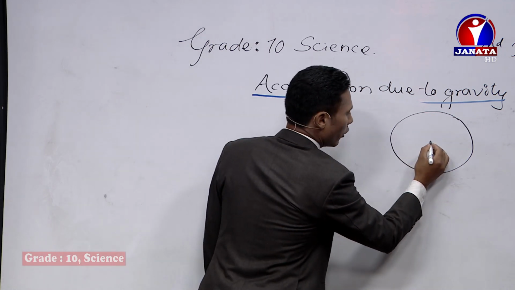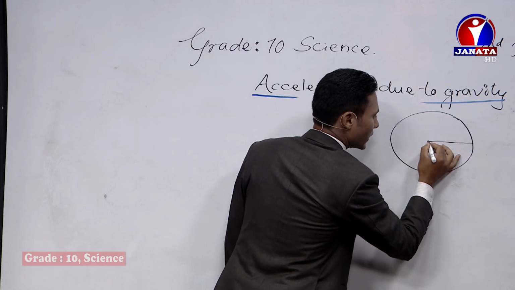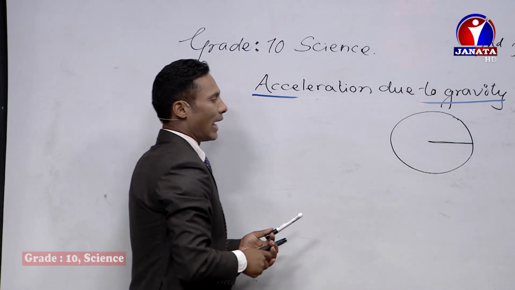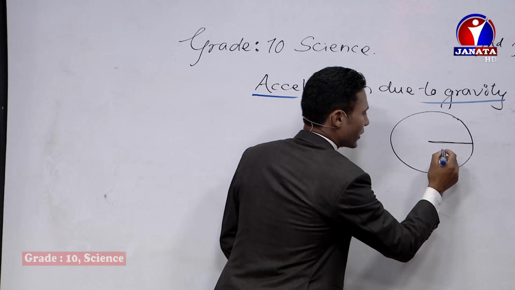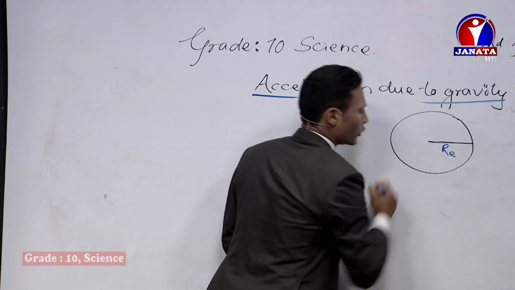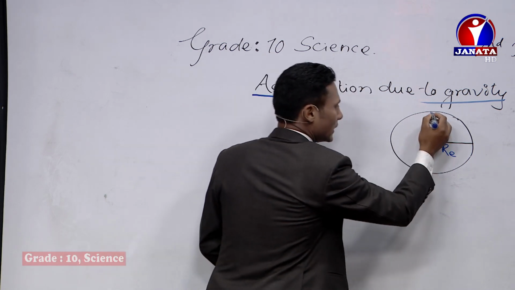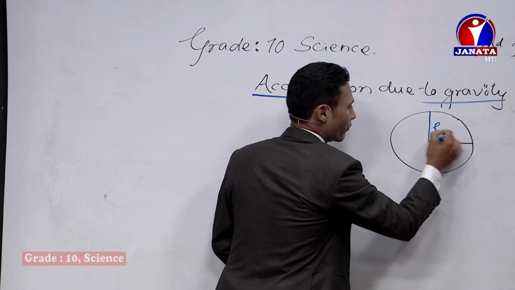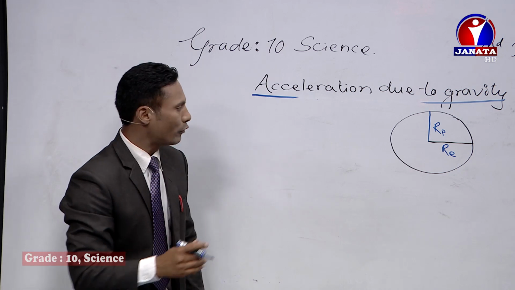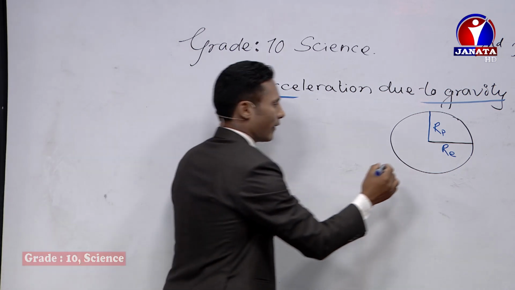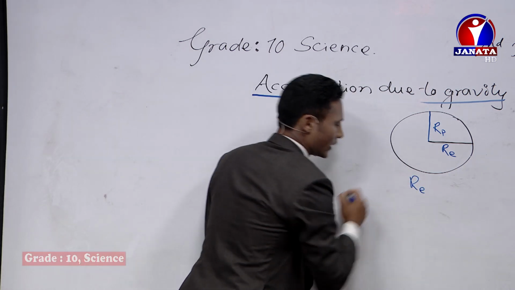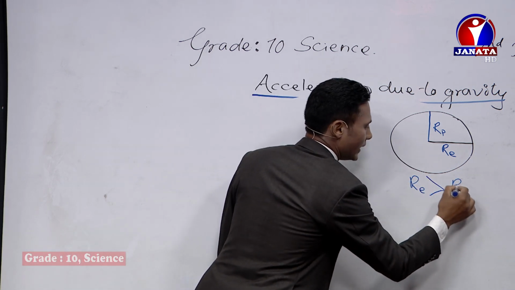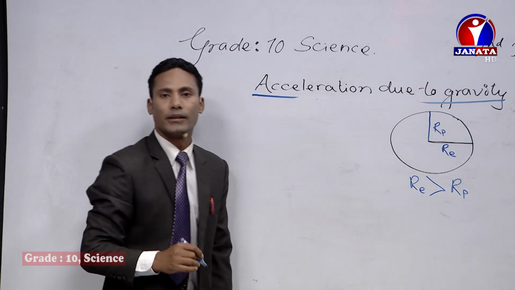The radius of this one is called the equatorial radius, and I will represent it by r, the equatorial radius, and this radius is called the radius of the polar region. Whenever we check these radii, the equatorial radius is greater than the radius of the polar region, right?